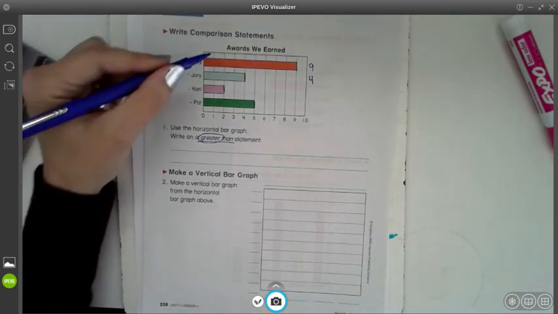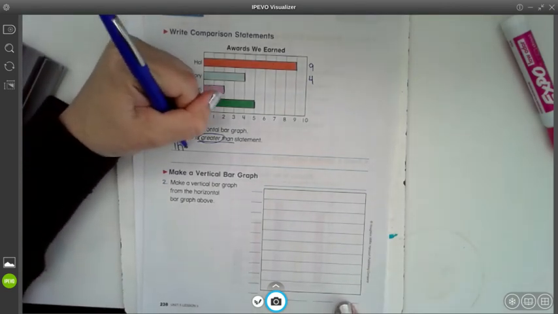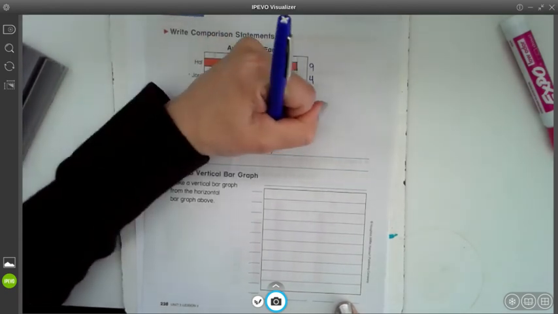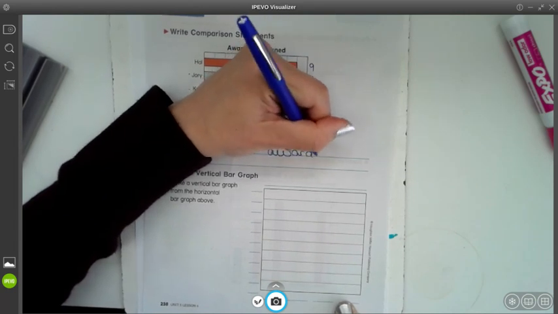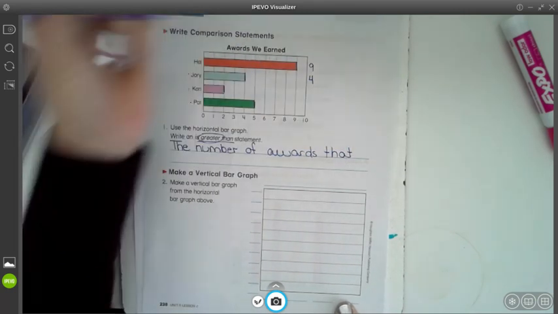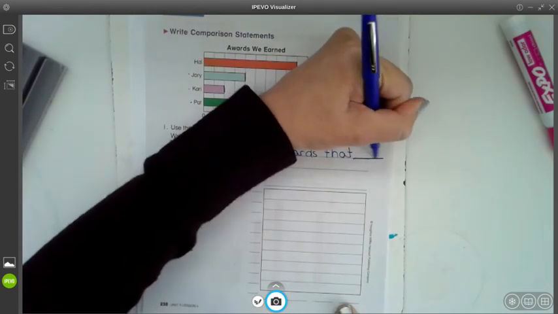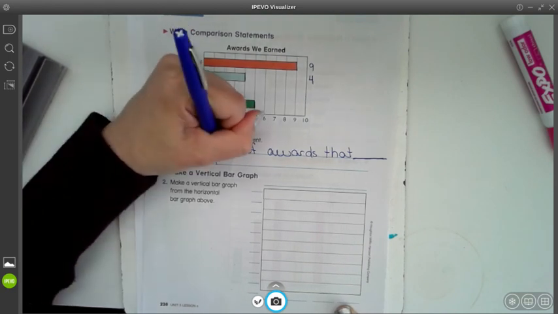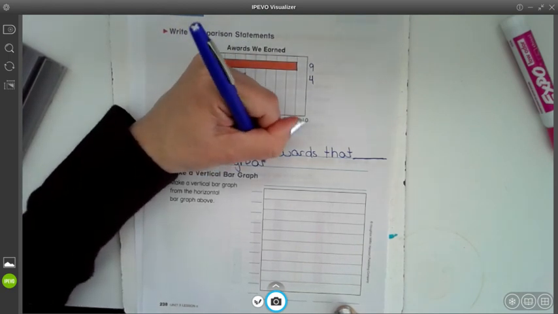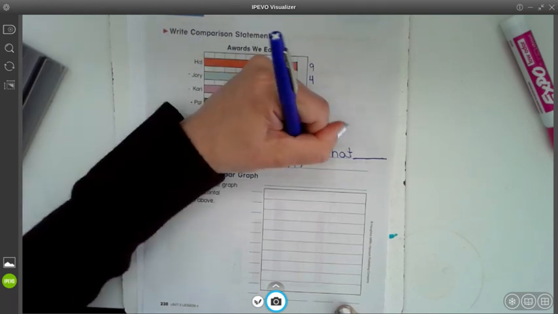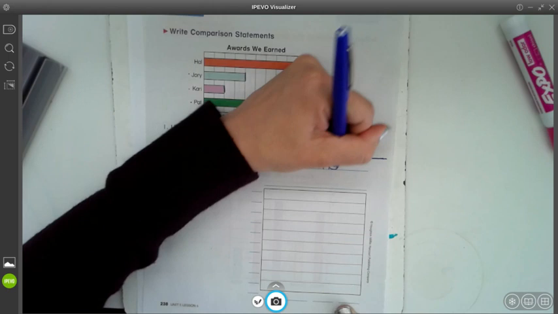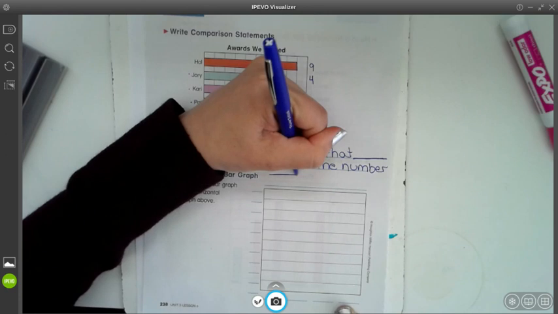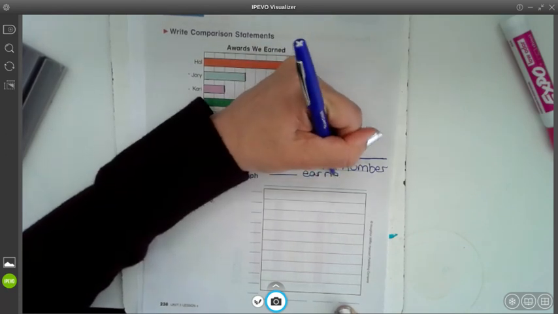So you're going to say, Hal, the number of awards that, and I'll just leave it blank so you can see, blank earned is greater than the number blank earned.